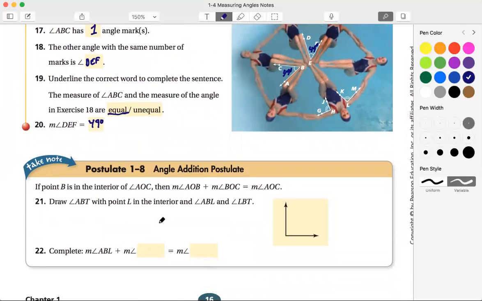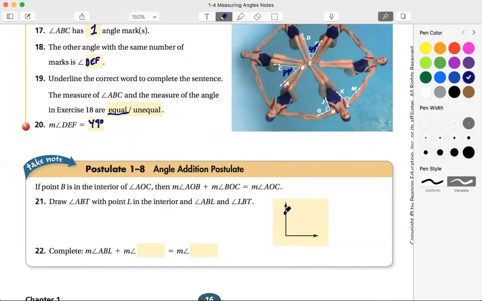All right, next one, postulate 1-8, angle addition postulate. If point B is on the interior of angle AOC, then measure of angle AOB plus the measure of angle BOC equals the measure of angle AOC. So this is actually very similar to our segment addition postulate. So what it says again is that the whole is equal to the sum of its parts. So we're going to draw angle ABT with point L on the interior and then two additional angles.